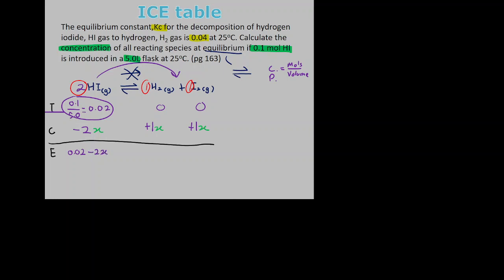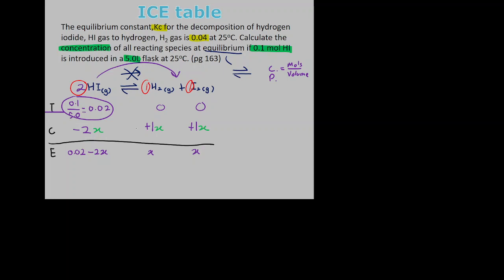That is at equilibrium, but we don't know yet how much 2x is, right? And at equilibrium, we will have x and x for the concentration of H2 gas and iodine gas. That is fine, but how do we find it?